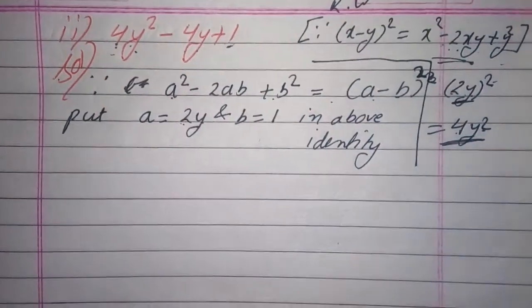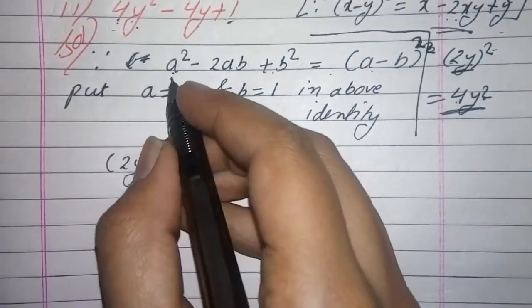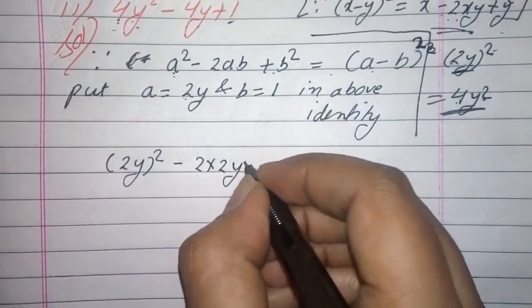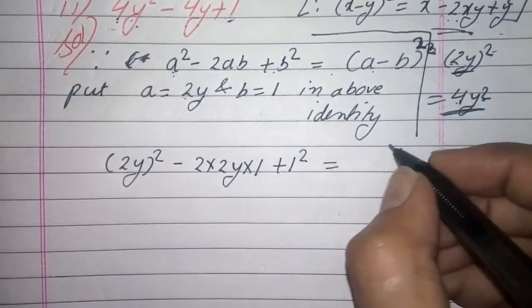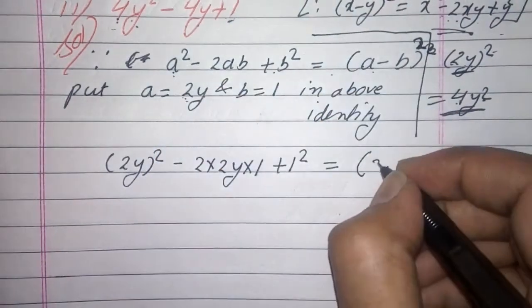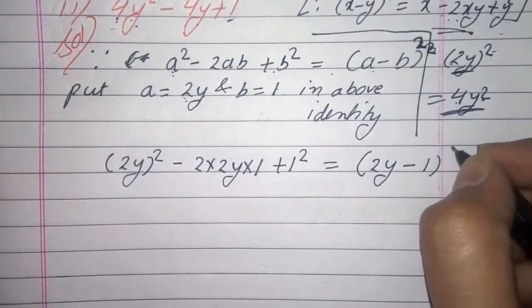So whole square of 2y minus 2 into 2y into 1 plus b square, which is square of 1, equals (a is 2y minus b is 1) whole square.